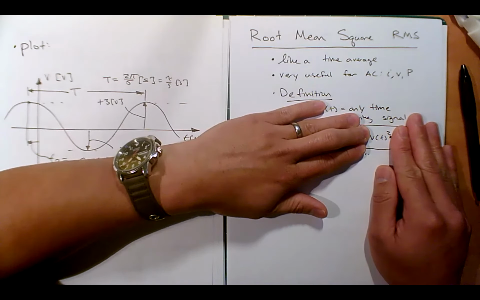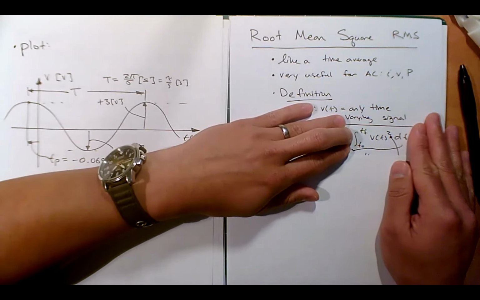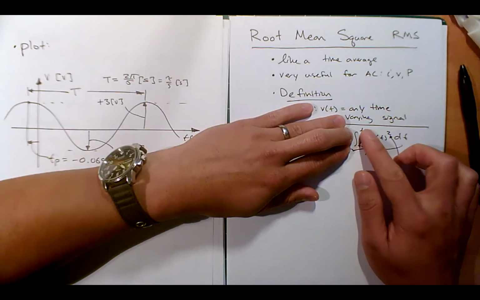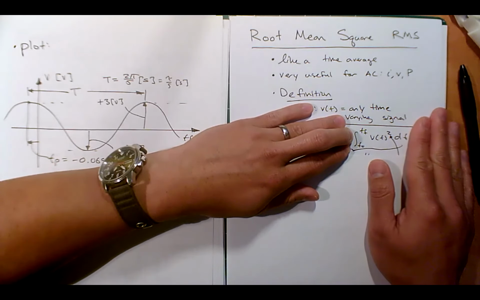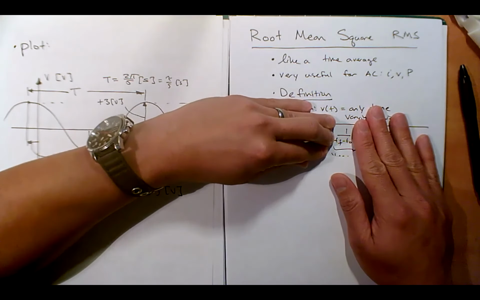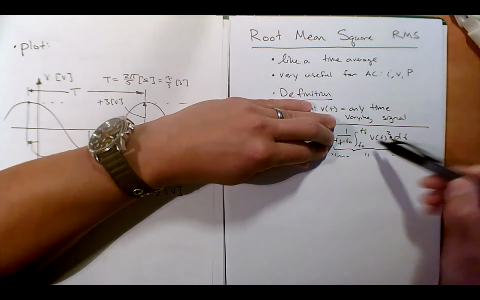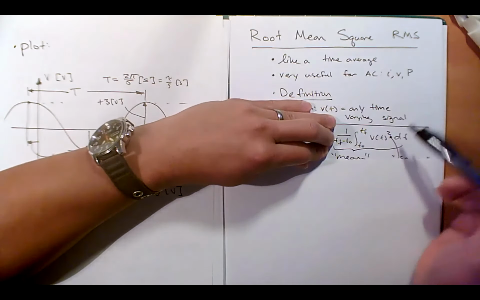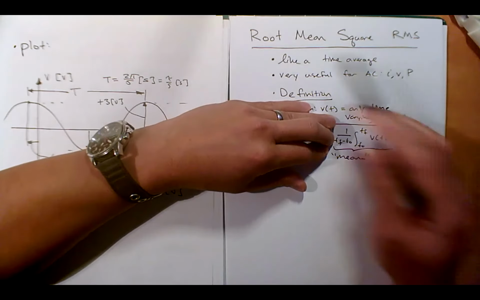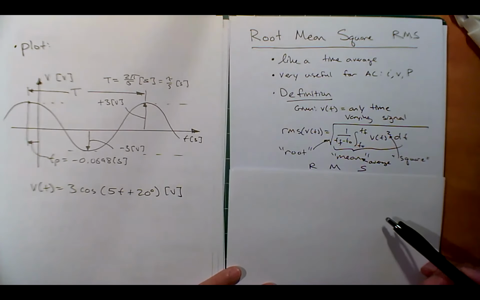In calculus, the integral is like a sum, so from time t0 to time tf you integrate it, and then divide by the total time, 1 over tf minus t0. So this fancy integral is actually just the mean, the average. That's how we do it in calculus. And then the square root, boom. It's not too bad: square, mean, root.